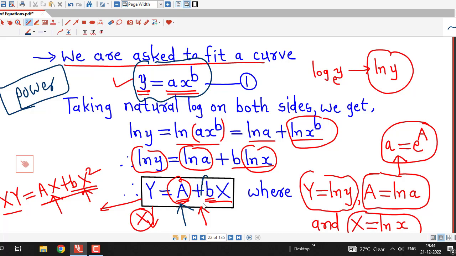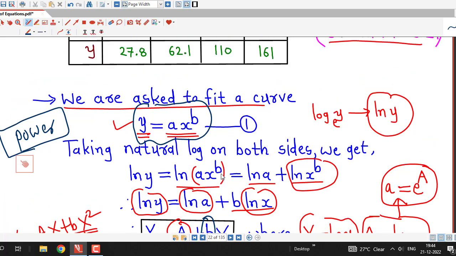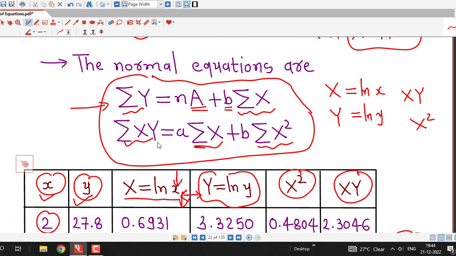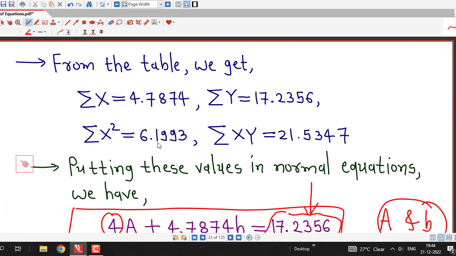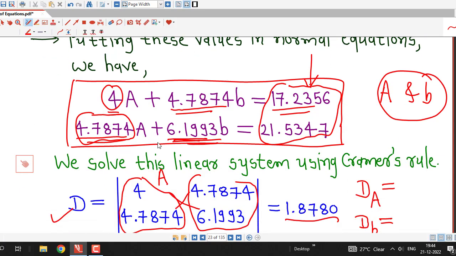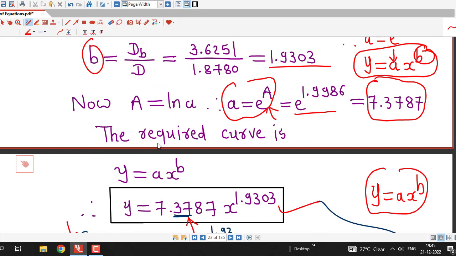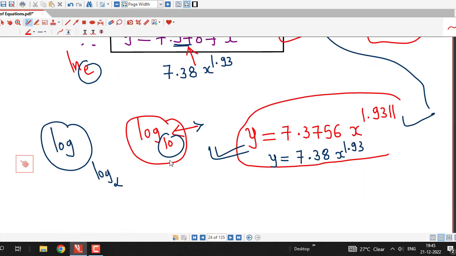So our aim in this lecture was to decide these coefficients, these constants a and b, and that we have decided successfully by taking logarithm to the base e, that is natural logarithm. And if you wish, you can do your calculations using logarithm to the base 10, and you can note down this answer. Your answer will be this one, and you can compare both the answers are nearly equal.